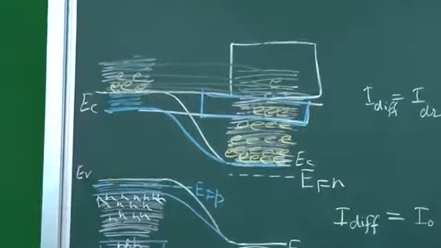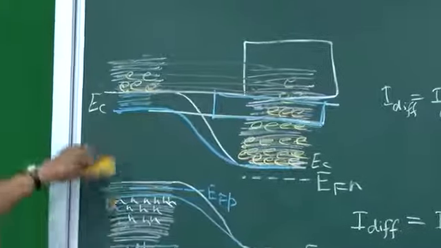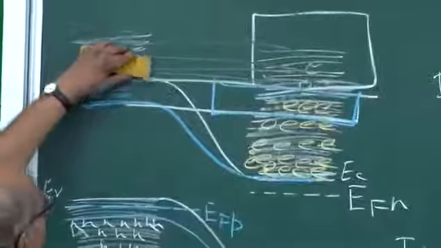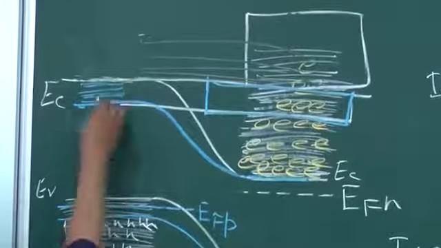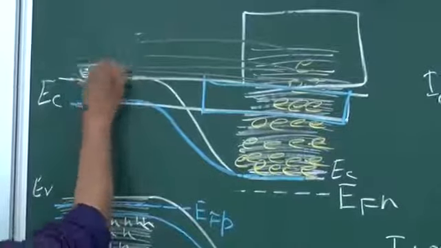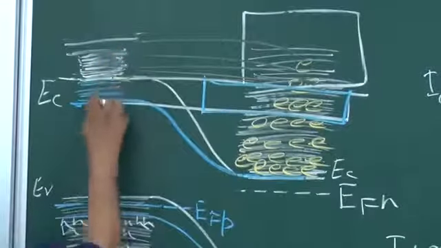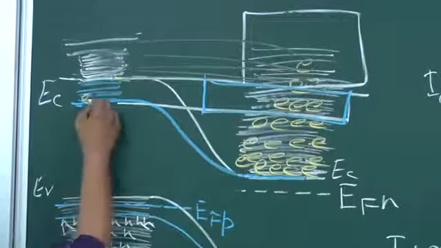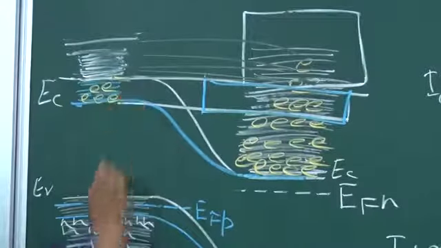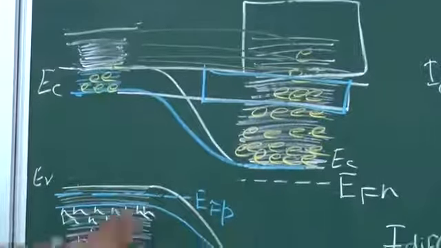Now because of the shifting down, what will happen? These electrons are not here. The quantum states are very much there, but the electrons start at the bottom of the conduction band, and that is here. So now those electrons are here. But it doesn't matter.